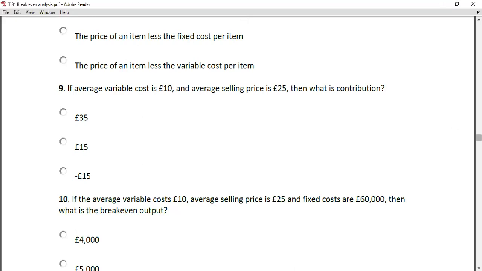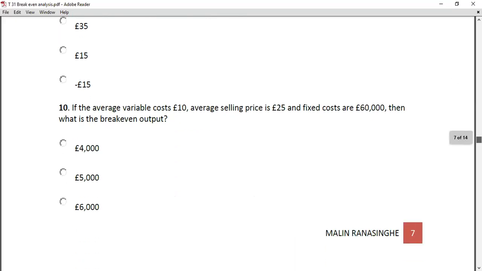Okay, the last MCQ. If the average variable cost is 10 and average selling price is 25, fixed costs are 60,000, what is the break-even output? Right? Okay, TJ, can you give me the answer for this one? Average variable cost 10, average selling price is 25, and fixed costs are 60,000.